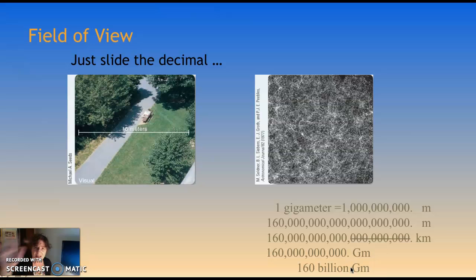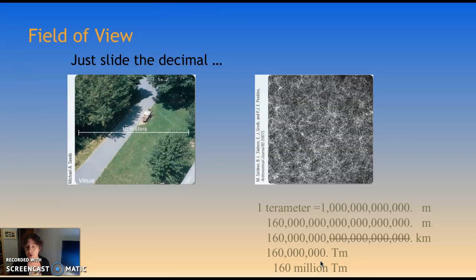It's looking better, but too many zeros still, so let's keep going. And you love terabytes. What about terameters? A terameter is 1 trillion meters, which is really easy to remember because trillion, tera go together. 1 trillion meters. So look, you can take off so many zeros. And you've now got 160 million terameters, which you can kind of wrap your head around a little bit. But there's still too many zeros, and you could have a problem there.